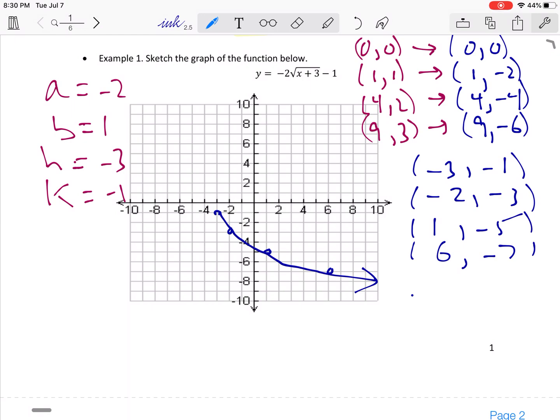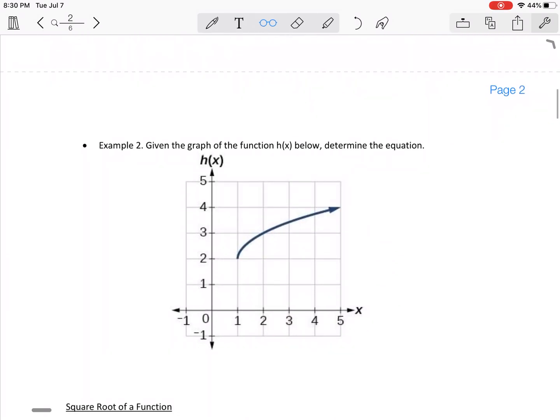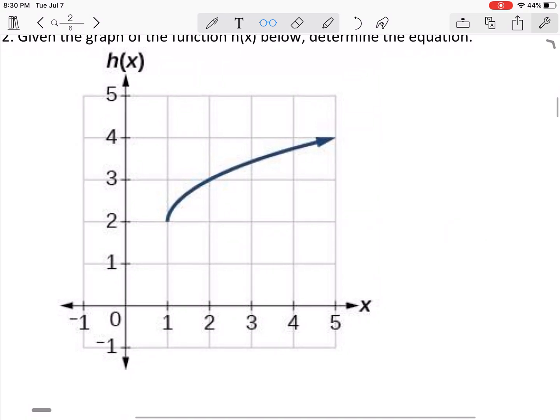Okay, the next one let's look at is where they give us the graph, and now what we want to do is try to figure out what the function equation is. Okay, and so what we can do here is add in the base function. Okay, so just using the coordinates from the top there.